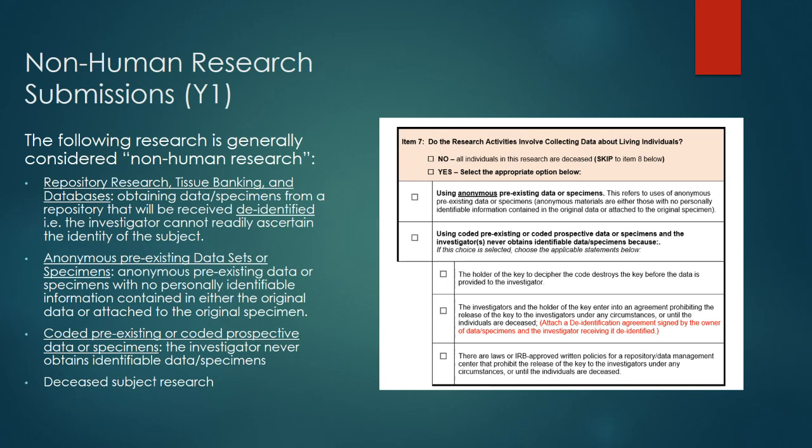Also, deceased subjects research: if the data you're going to collect will be from individuals who are deceased, then that will also qualify as non-human. Item number 7 on page Y1 also has that guide to select what you will be doing if it is indeed non-human.